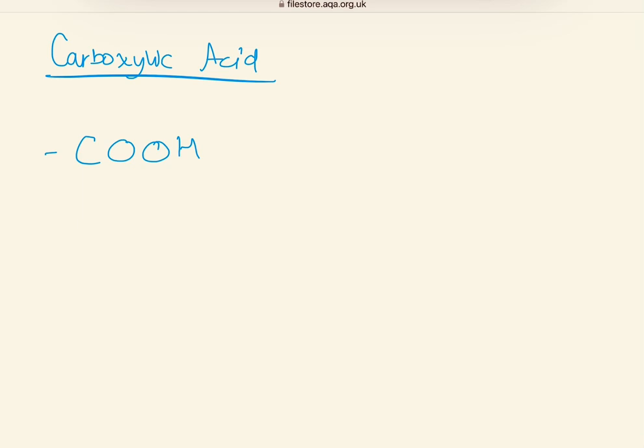When you're in your exams, you need to remember the functional group of a carboxylic acid. Just think about that noise. Just think about the owl noise. It looks like this. C double bond O, OH. So it's not CO connected to OH, it's C connected to O and C connected to OH.